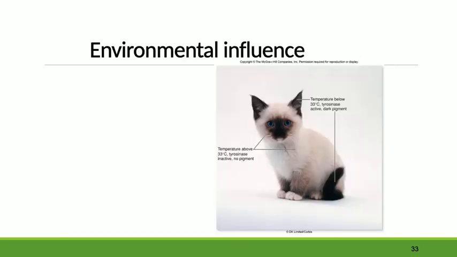Moving on, environment, of course, has an influence. And you can think of, let's say there are two twins that are identical to each other, so they have the same DNA, but one of the girls uses tanning beds on a weekly basis, and the other one lives in a basement and plays video games and never sees the sun.